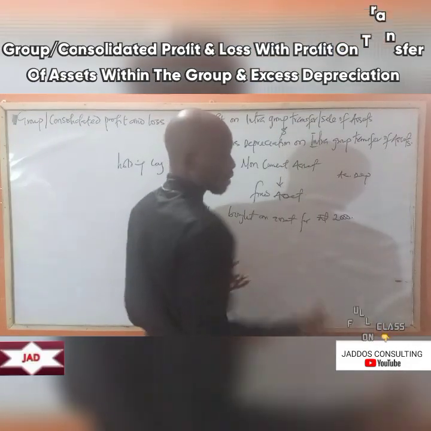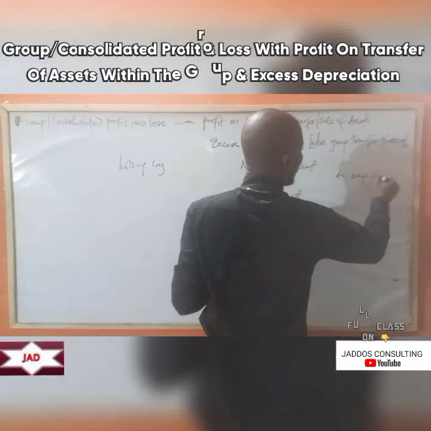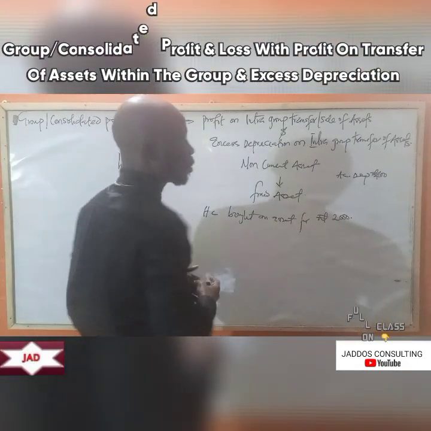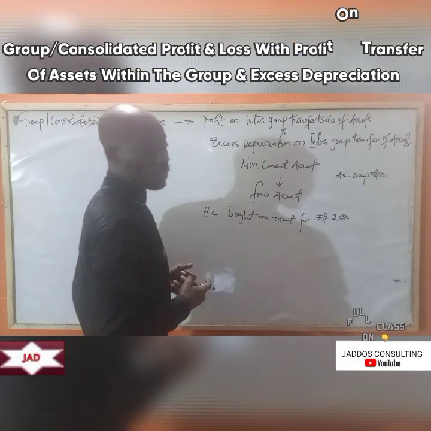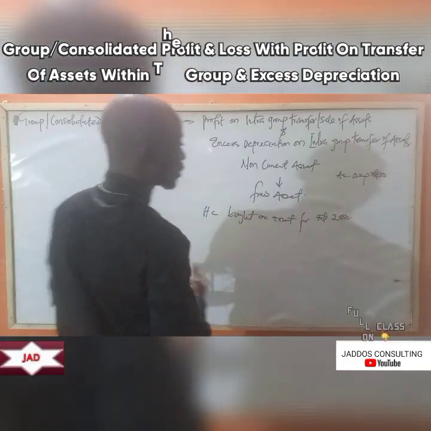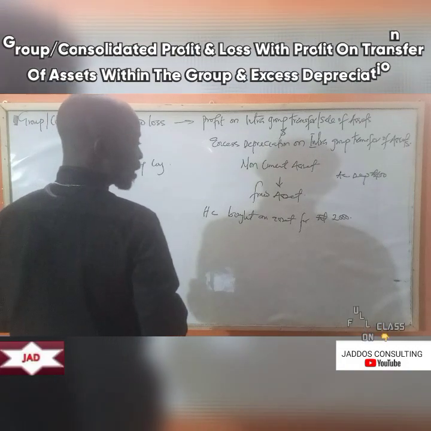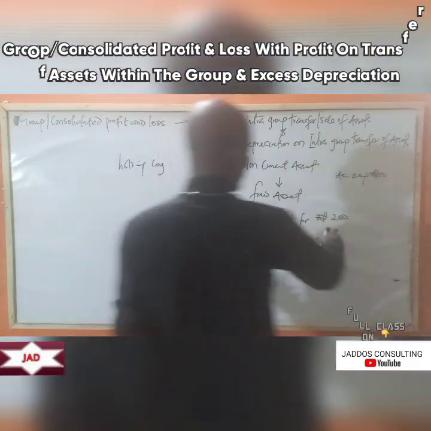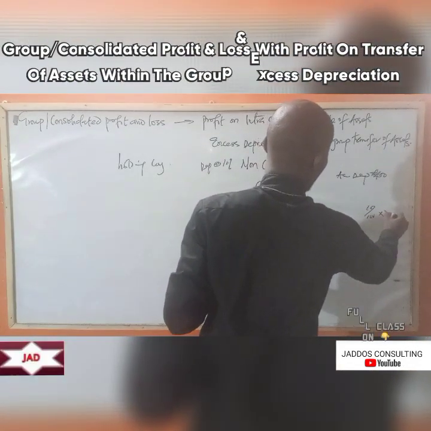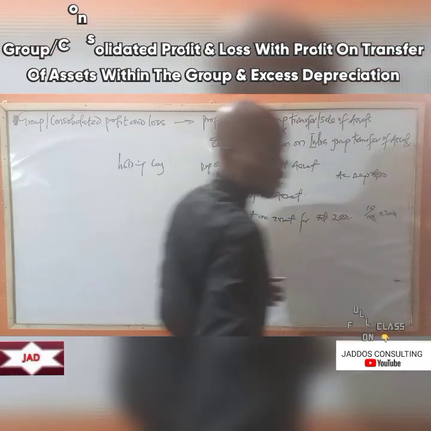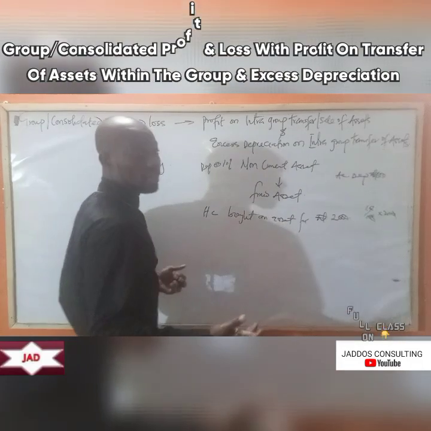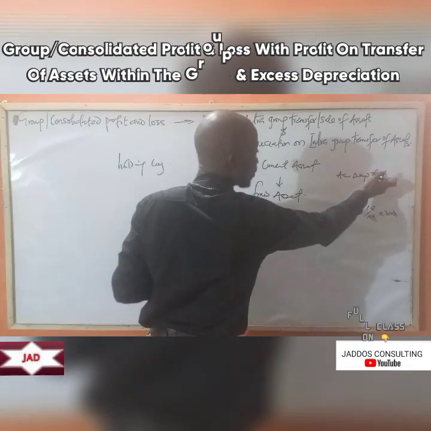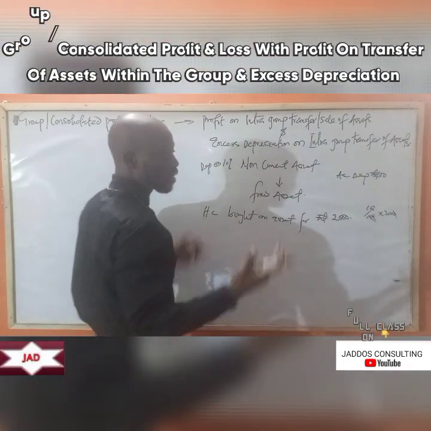Then after depreciating for some period, let's say the asset has been depreciated by 400 naira, because we have depreciation at 10%. 10% of 2,000 is 200, so every year is 200.